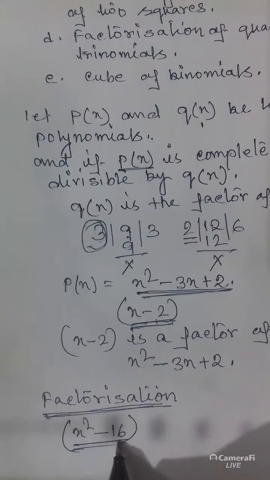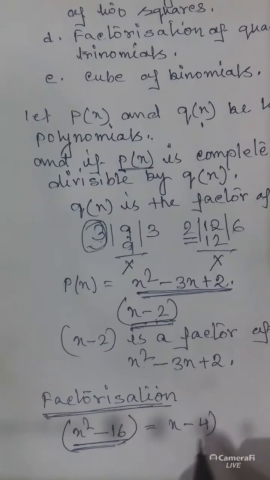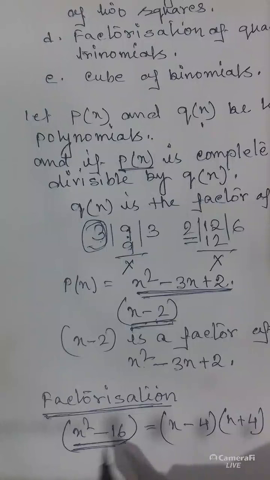For example, x square minus 16 equals x minus 4 and x plus 4. So this is the polynomial x square minus 16 and it is expressed as the product of polynomials x minus 4 into x plus 4.